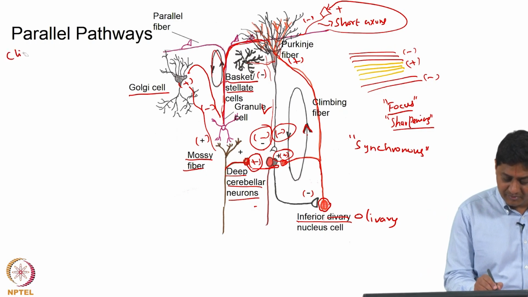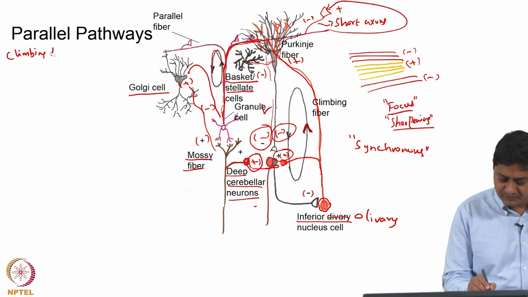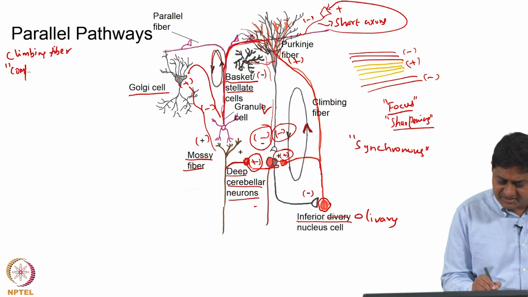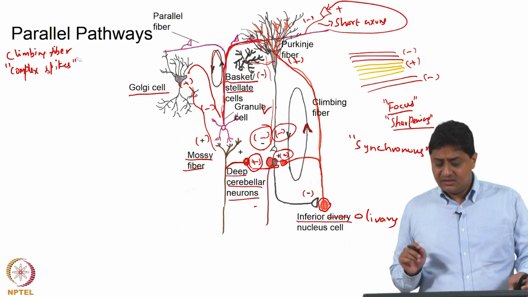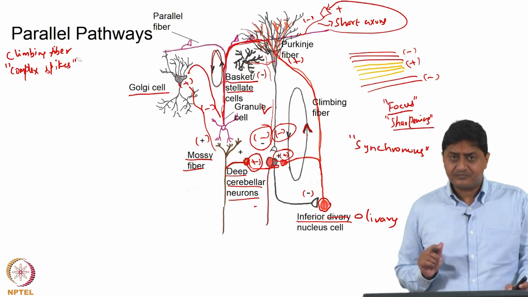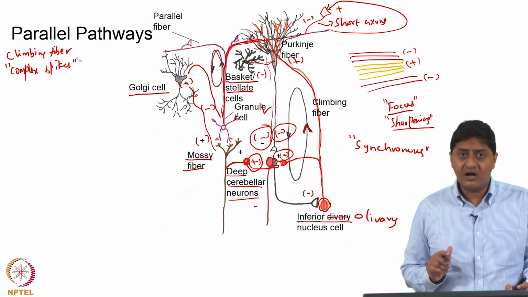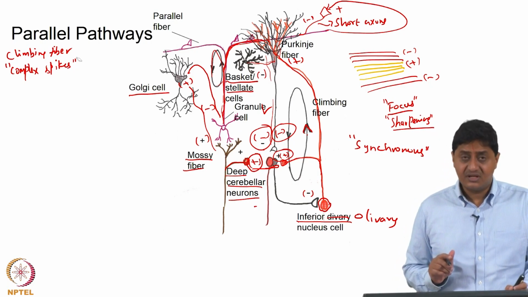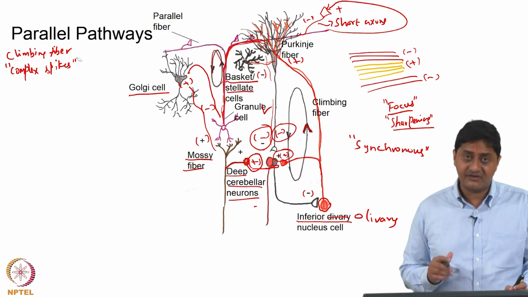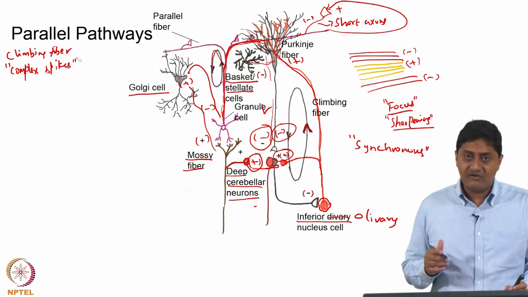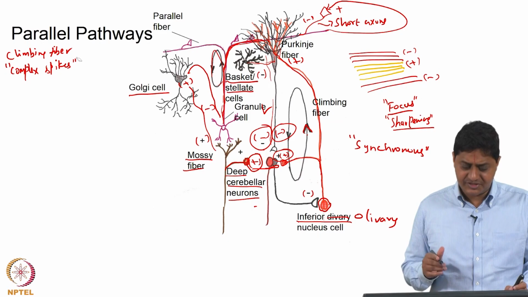The climbing fiber produces what are called complex spikes. What are these? It turns out that the climbing fiber causes a relatively large amplitude action potential in the Purkinje cell, and then several high frequency bursts of relatively smaller amplitude action potentials.